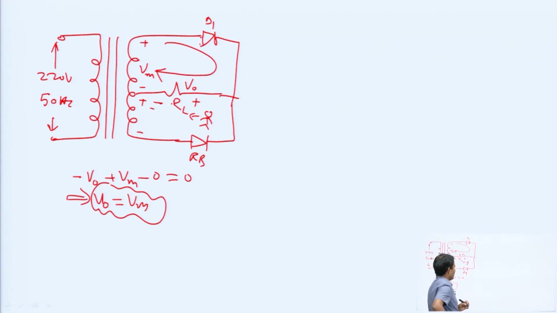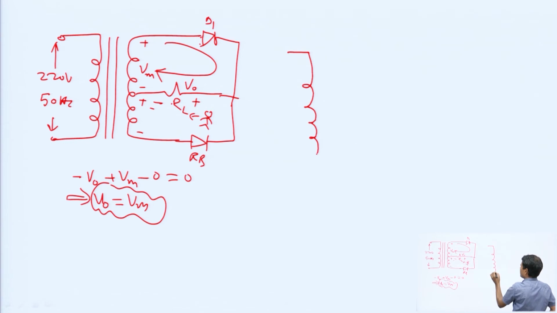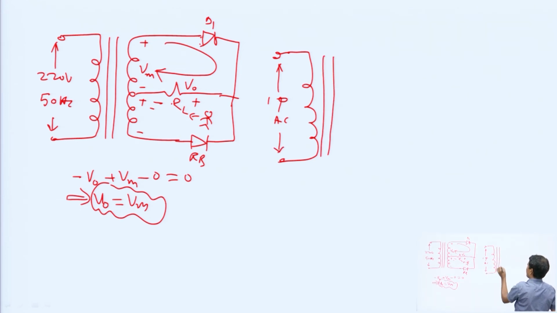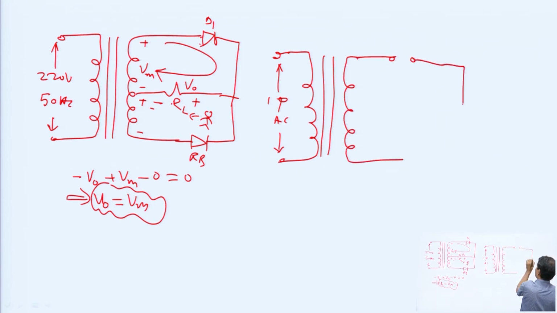In the similar way, for the negative half cycle, the polarity changes. This is the circuit, this is the single phase AC, or you can say 220 volt RMS and 50 hertz. Here this diode will be in reverse bias, this is the load resistance, and the other diode will be in forward bias.